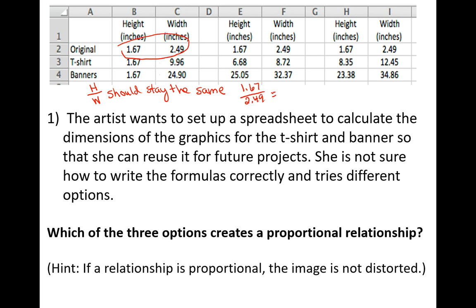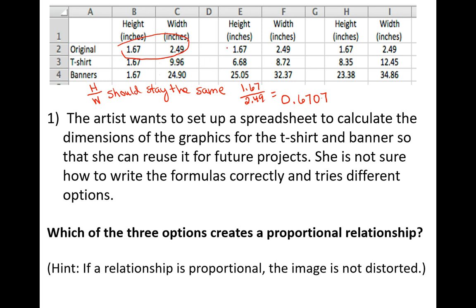If we put that in a calculator, 1.67 divided by 2.49, we get a ratio of 0.6707. You could go farther if you wanted to, but that gives us what our ratio should look like.